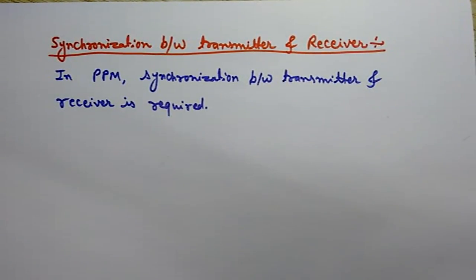Okay, because why it is required? Because the position of each pulse is varied with reference to the position of a reference pulse according to the instantaneous sample value of the modulating signal. So we need some synchronism mechanism between the transmitter and receiver. Okay, it is not required in case of PAM and PWM.